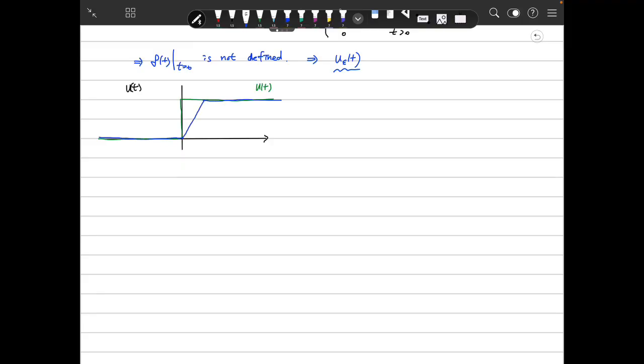We define this as u epsilon t, and this distance is epsilon. And then what happens? You know, so we did draw here.